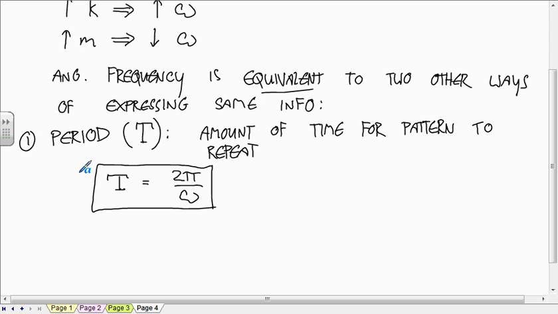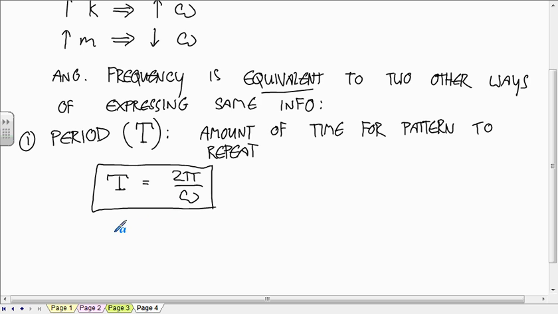Oh, I want to say one more thing before I go on. Notice that even though these have the same information in them, an increase in the period means a decrease in the angular frequency and vice versa. That comes about because one is in the denominator in calculating the other one. If you double omega, it cuts T in half.